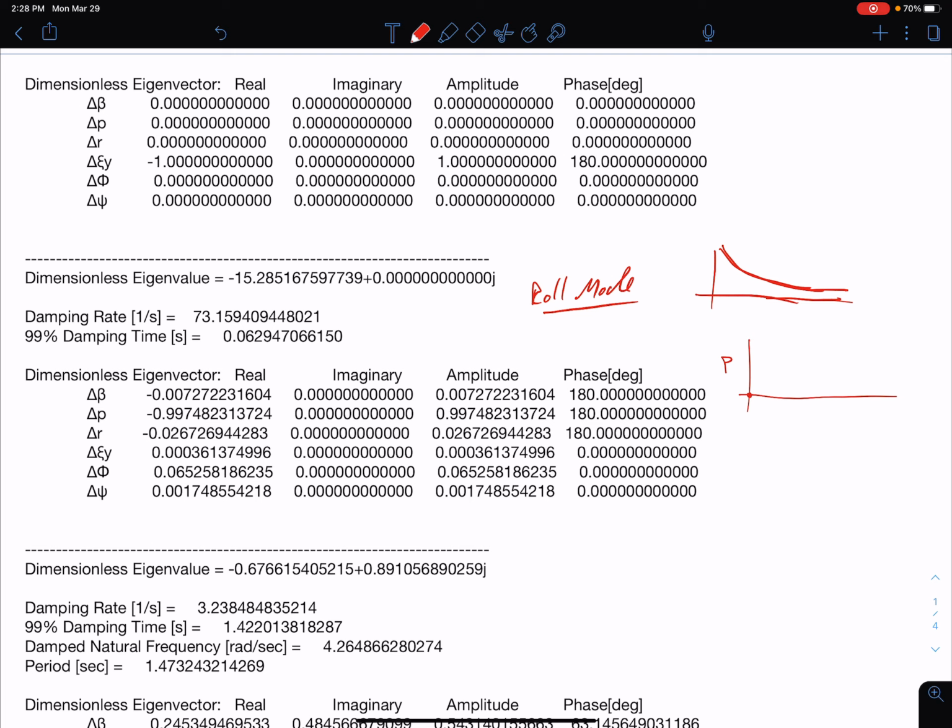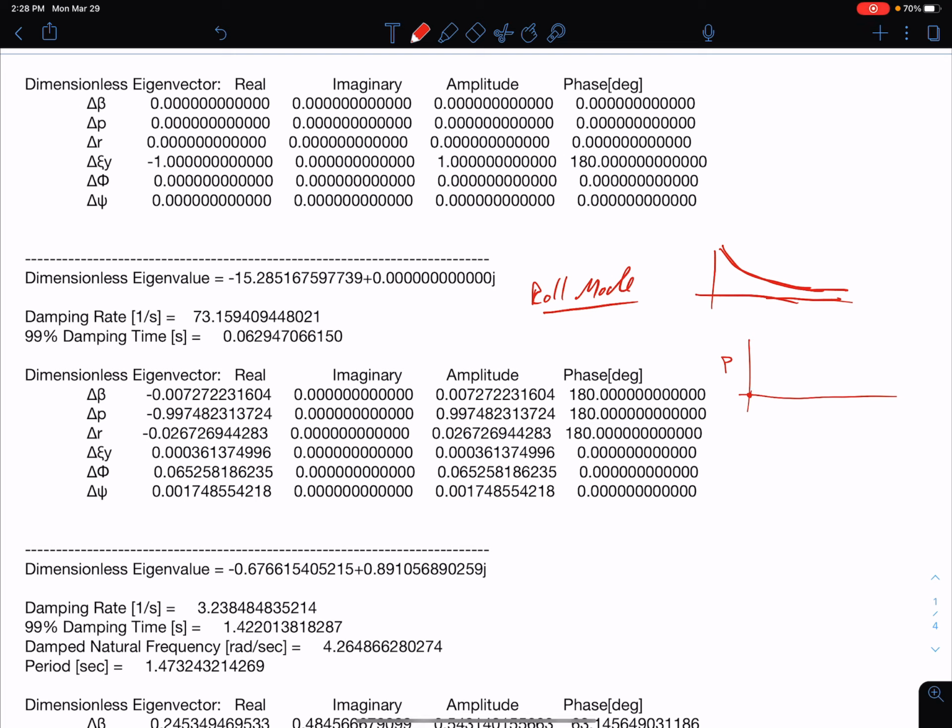But if we instantaneously deflect those ailerons, then the aircraft will begin to roll. Now the speed at which it ramps up to a constant rolling rate will depend on the inertia about the x-axis, and it will also depend on the strength of the ailerons, or the rolling moment produced by those ailerons.